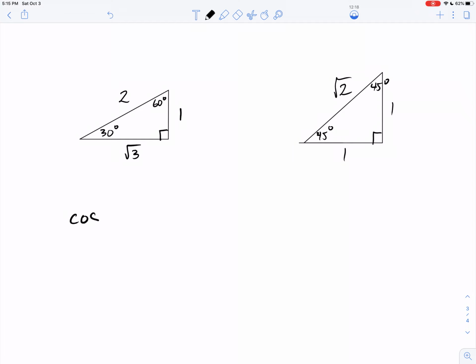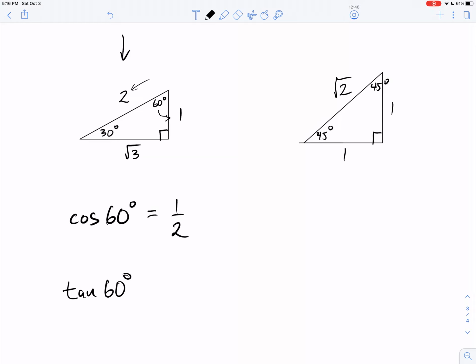Find the cosine of 60 degrees. And I go, okay, that means use this triangle. Don't use the 45-45. And if I did the cosine of 60 degrees, I would say, well, that's adjacent over hypotenuse. Oh, 1/2. What if they said, find the tangent of 60 degrees?